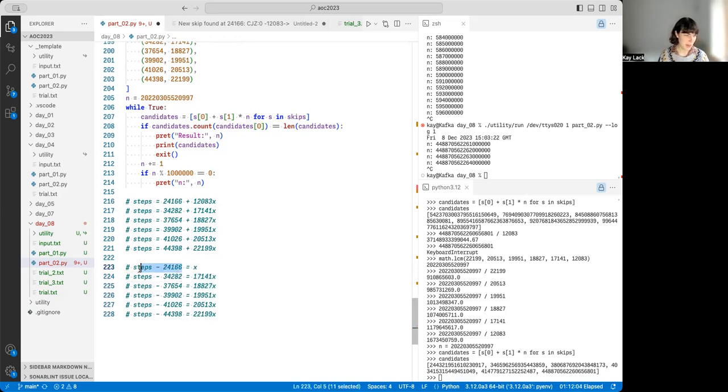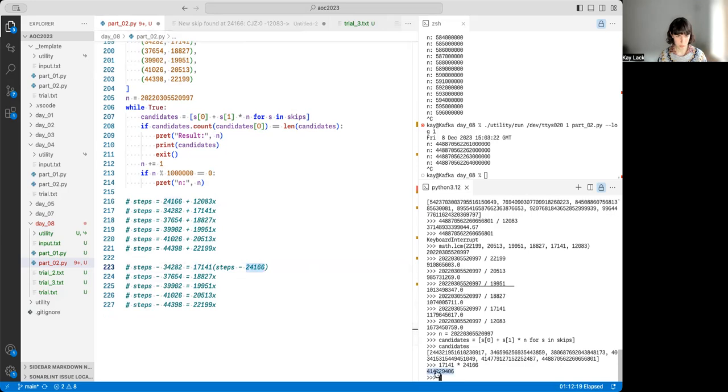If I put this in terms of x, I can put this in here. And get this. Add this to both sides.